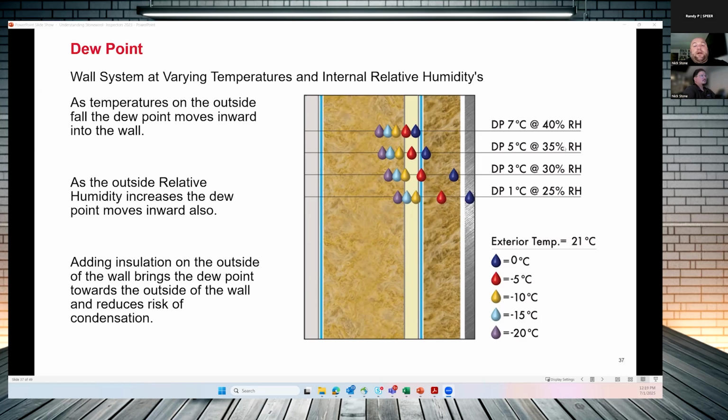Now we're going to start talking a little bit about codes and this idea of exterior insulation. Now, this is just a hypothetical for everybody. Why do you think that exterior insulation is becoming more and more talked about and being pushed more and more by these codes? In my opinion, there are a couple different big reasons. First, thermal bridging.